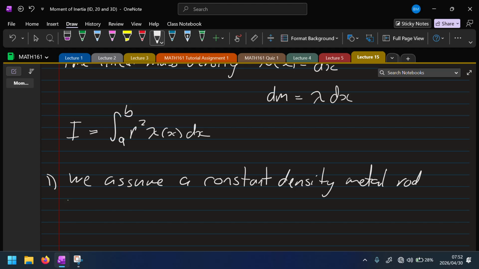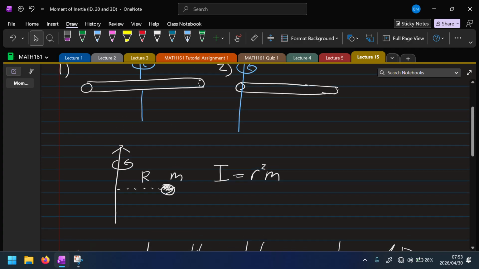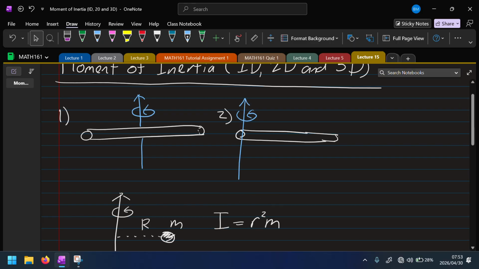A metal rod with the axis through the center. So it's the same setup as we have for that first picture.